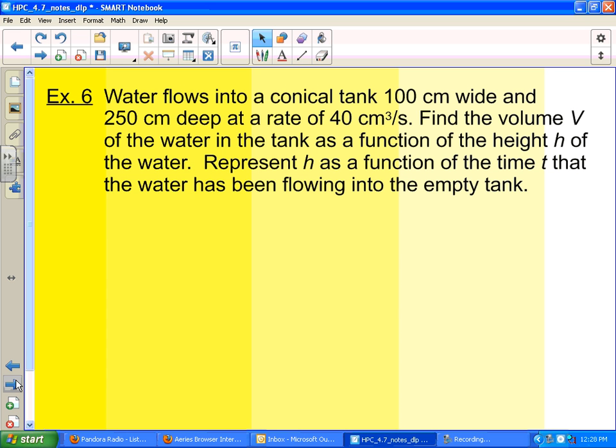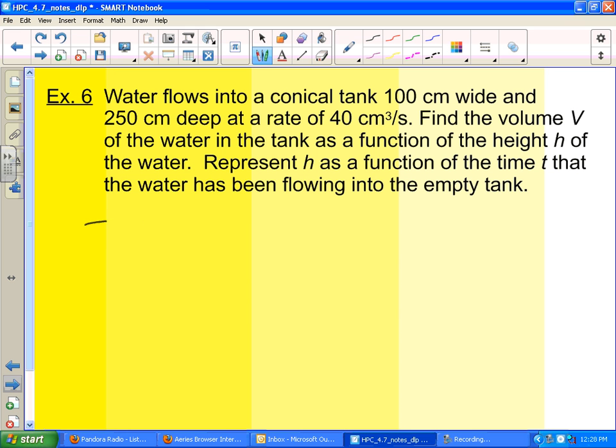I will also give you a hint that similarity comes into play with this problem. So let's get the picture. Got a cone. Water is being put into the cone at a certain rate. So I've got 40 cubic centimeters flowing into that cone per second. And I know the dimensions of the cone.